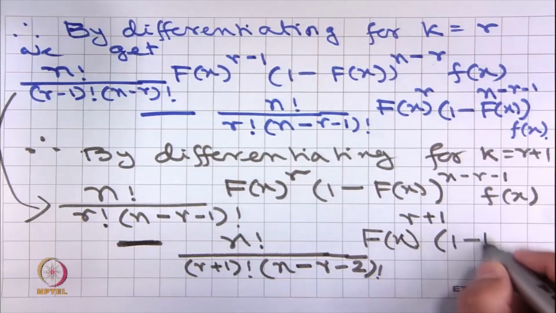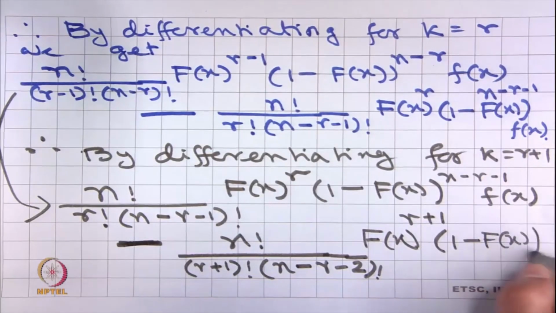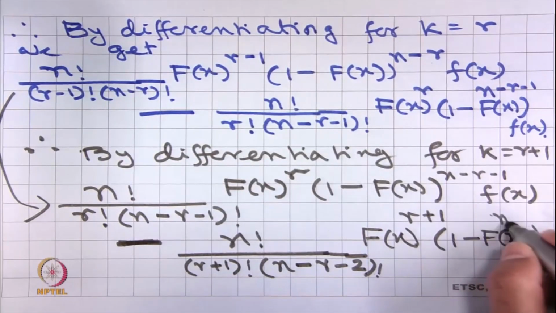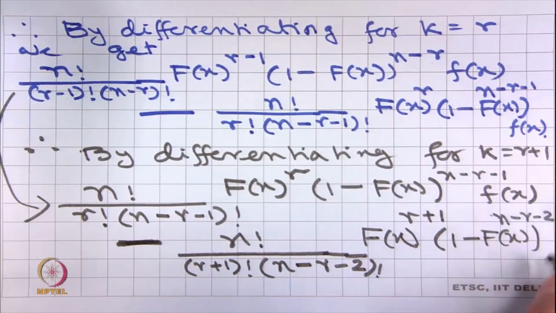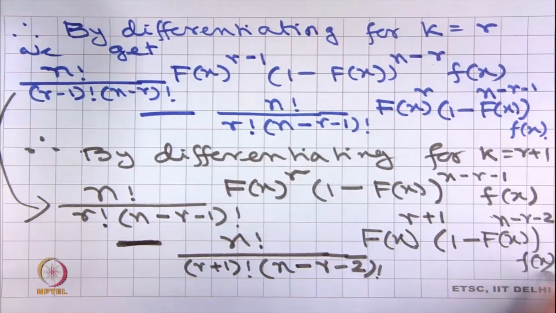So, what we will get is (1 minus f(x)) whole to the power n minus r minus 2 multiplied by f'(x).